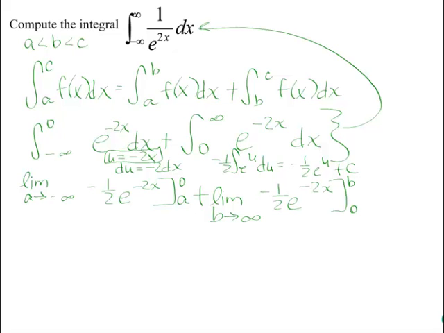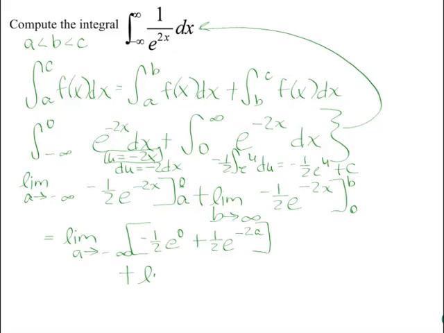So let's plug in and do the fundamental theorem. The limit as a approaches negative infinity is negative 1/2 e to the 0, plugging in this upper limit, minus negative 1/2 e to the negative 2a. So there's the first part.